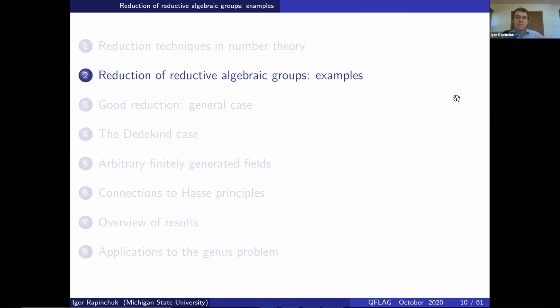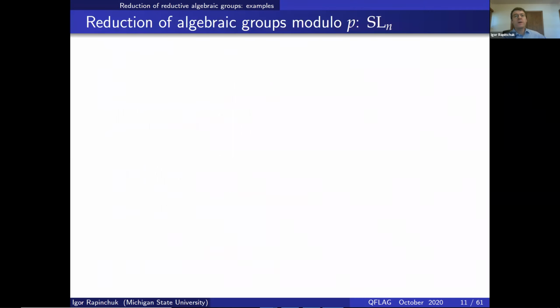Okay, so having given this short historical and philosophical motivation, I would now like to transition to talking about linear algebraic groups. Now, before diving into the formal definition of good reduction for algebraic groups, I would first like to consider several concrete examples that already illustrate some important points when dealing with reductions of algebraic groups.